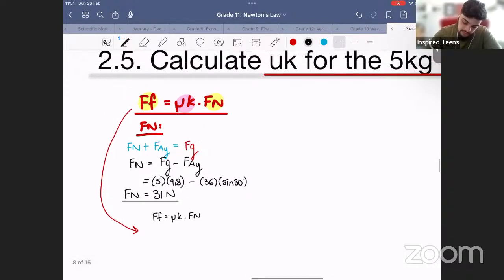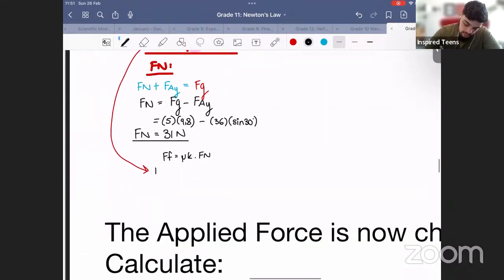Ff is 1.78. Mu k we need to solve, and we get mu k of 1.78 divided by 31. I'm getting an answer of 0.057. No unit.